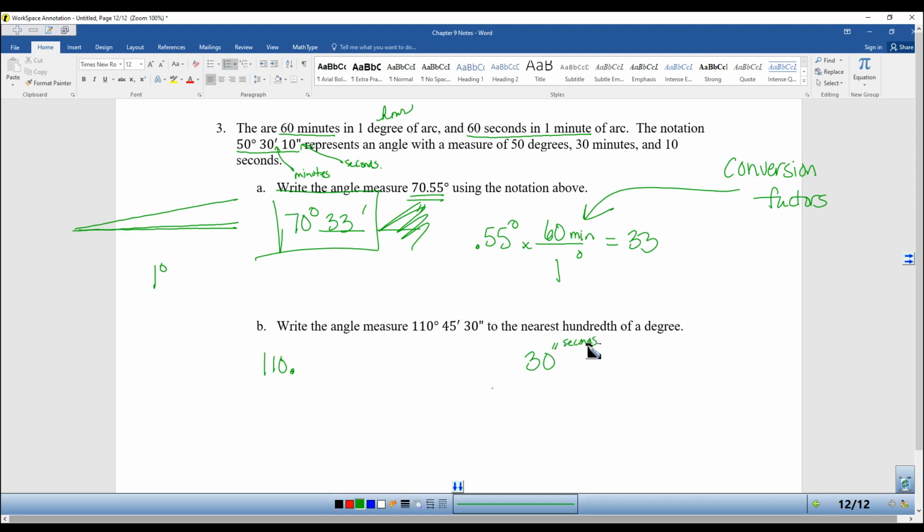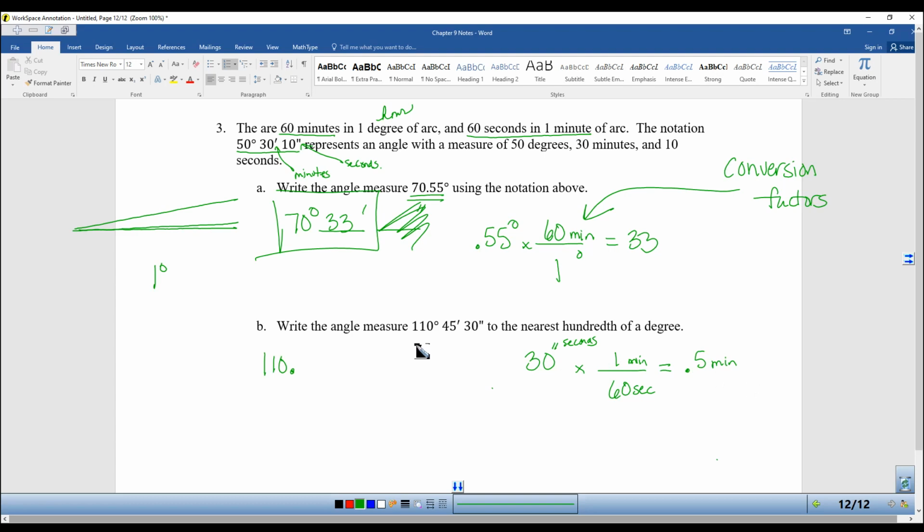I'm going to write that in because I know it looks like inches. 30 seconds, and I want to convert it to minutes. So I say to myself, 1 minute is 60 seconds. That is a conversion factor that you know. So when I multiply that, I get 30 over 60, which is 0.5 minutes.